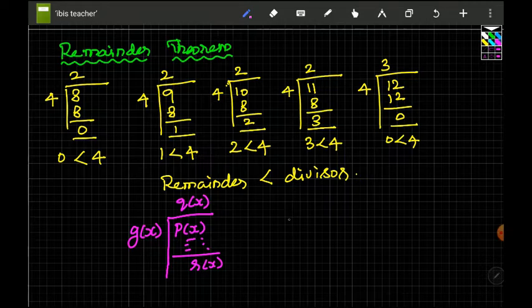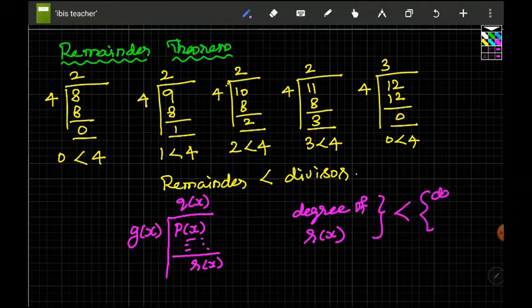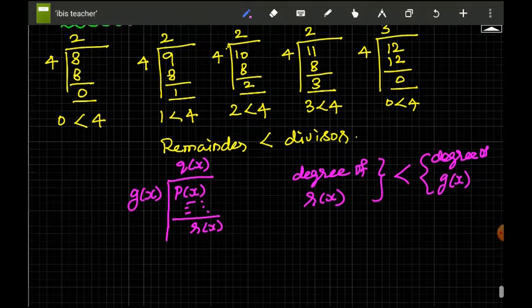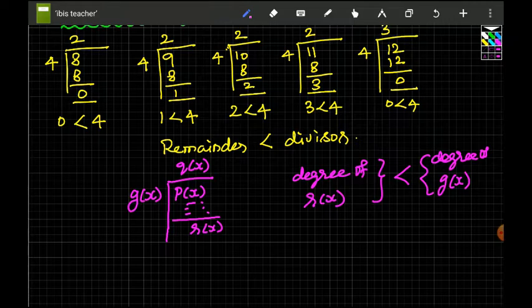Then the degree of r of x is always less than the degree of the divisor g of x. So in the case of numbers, the remainder is less than the divisor. In the case of a polynomial, the degree of the remainder is always less than the degree of the divisor.